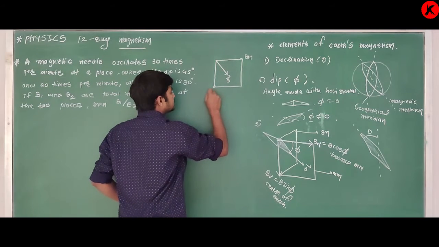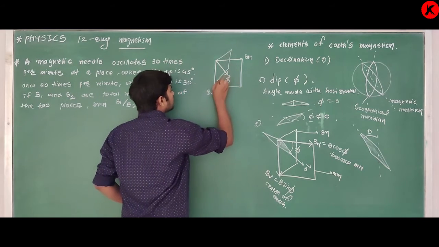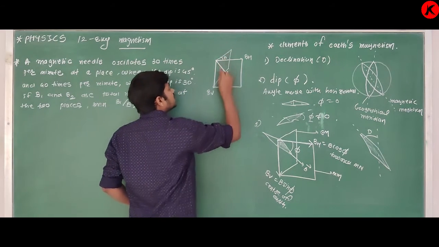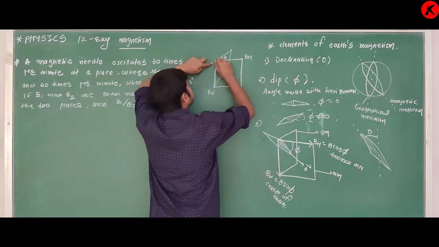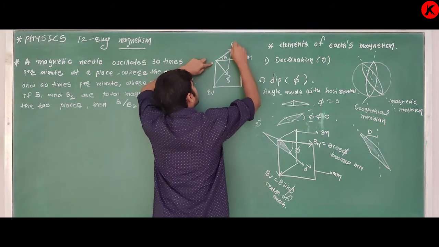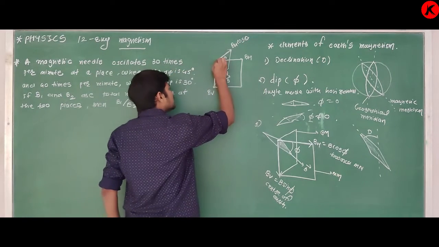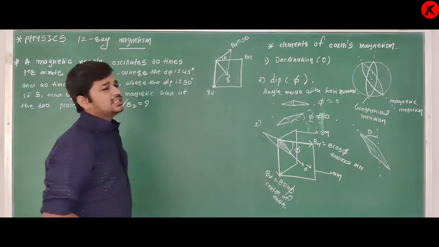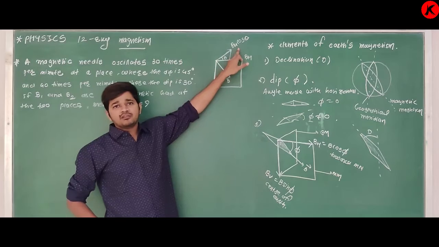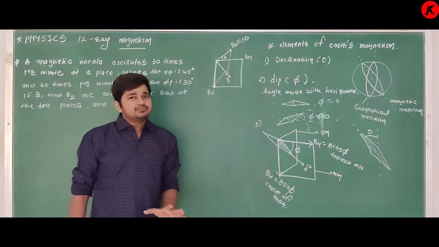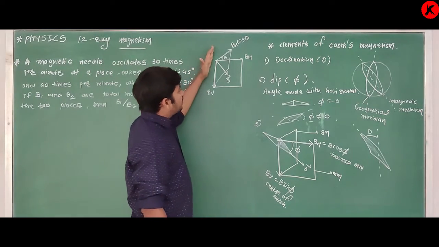Here I can say it is BV. If I take any other plane at some angle theta, then if we take two components of magnetic field, this one will be its horizontal component, called BH cos theta, and this component will remain the same, that is BV only. So if you take another plane, then only the horizontal component of Earth's magnetic field will change. The vertical component will remain the same. So this point you have to remember.